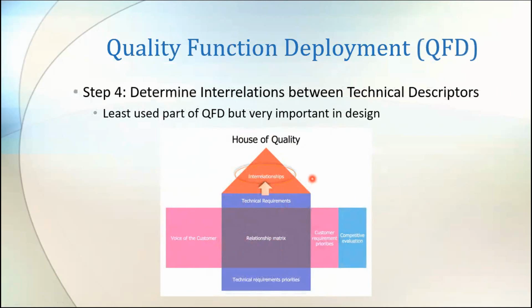And this is important because when we start to look at technical requirements, we may go, oh, well, this one isn't really being used, but it's a requirement in several interrelationships. So we may decide, okay, we may need to keep this requirement in our design for whatever reason. It helps us to understand the technical requirements better.